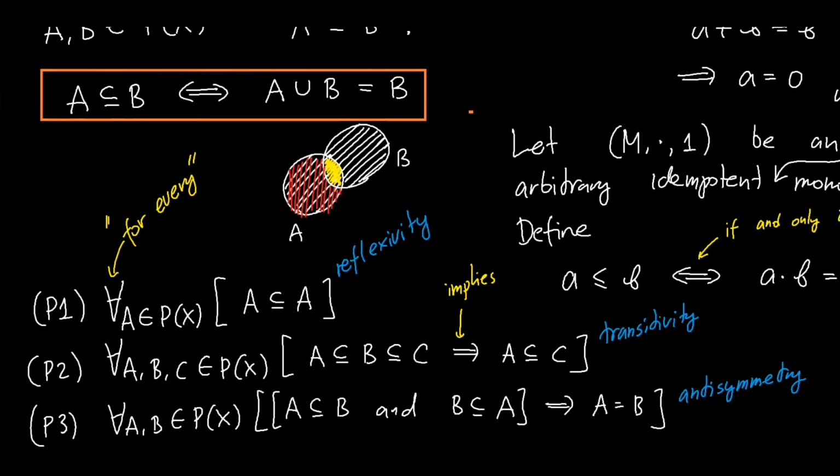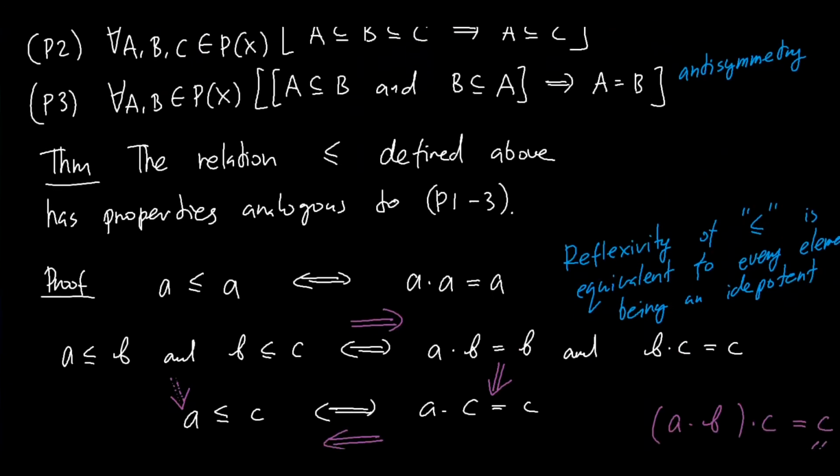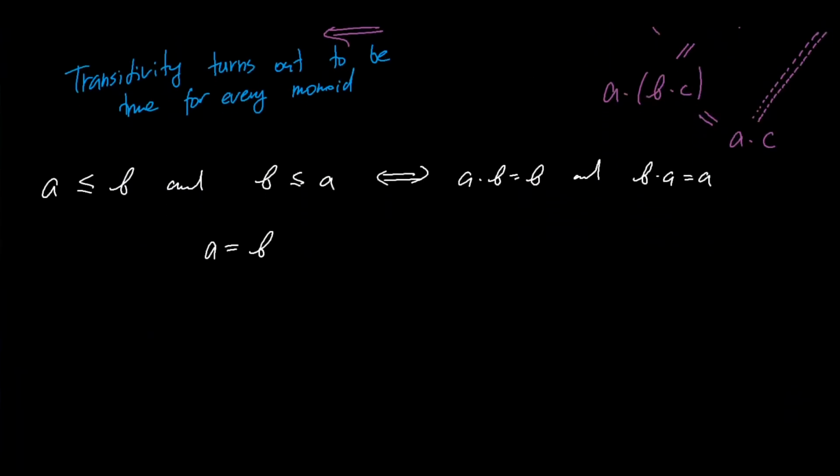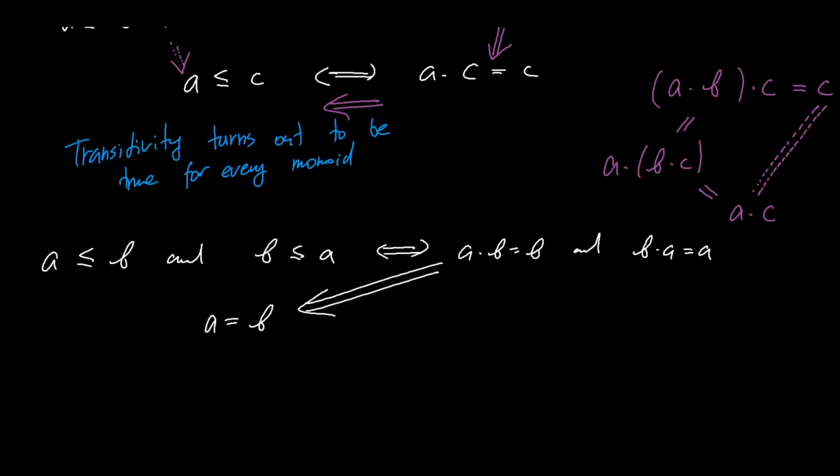Why do I want to insert that there? Because when the monoid is commutative, then AB will equal BA, and so them being equal to each other would imply that B and A are equal. So then we do get this implication. And that requires commutativity, right?